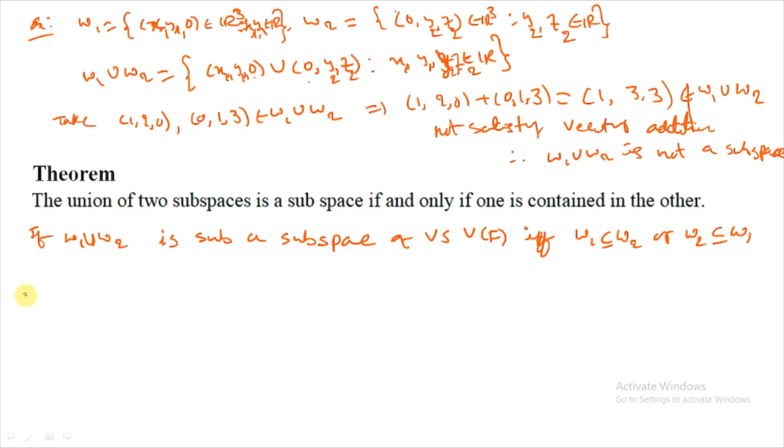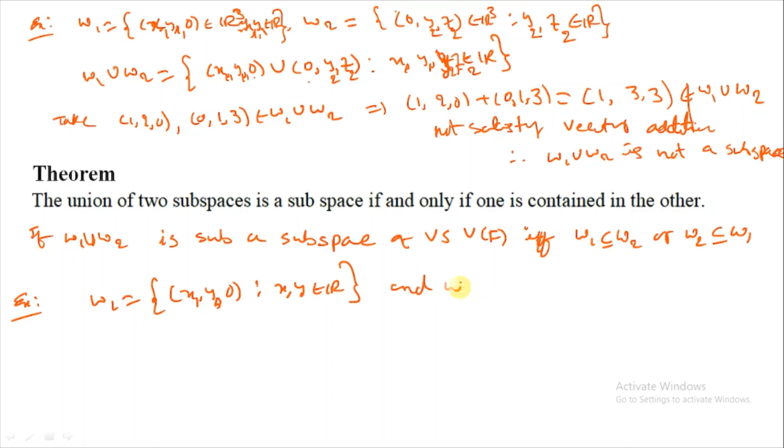Suppose, if you take an example, I can give. Suppose we take W1 equal to (x1, y1, 0), such that x1, y1 belong to R. And W2 equal to (x2, 0, 0), okay, take a simple example, such that x2 belongs to R. Now observe, what is W1 union W2?